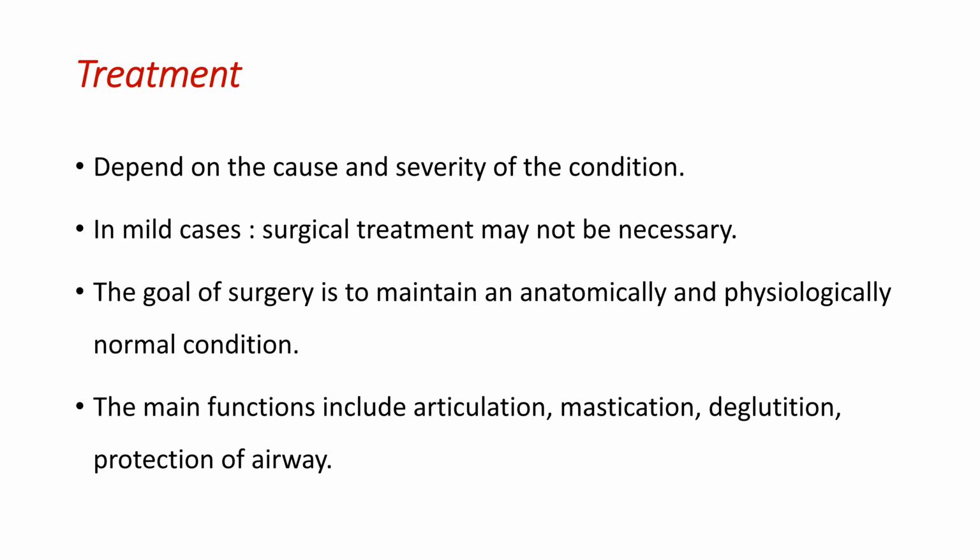The goal of the surgery is to reduce the size of the tongue. Macroglossia is the enlargement of the tongue, so the treatment is to reduce the tongue size and thereby improve the function. The main functions are articulation, mastication, deglutition, gustation and protection of the airway.